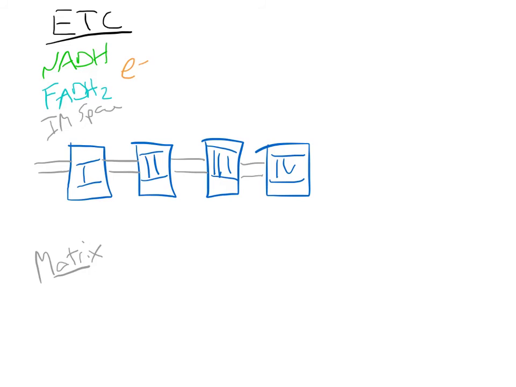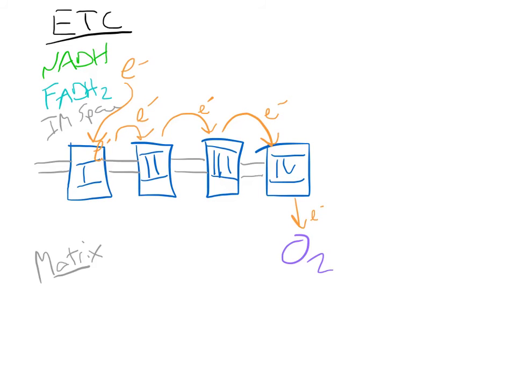The electrons from NADH and from FADH2 are going to be dropped off in a complex, and then they are going to be passed from one complex to the next. The electrons are going to move from complex 1 to complex 2 to complex 3 and to complex 4. Now complex 4 is then going to hand them off to a very important thing, and that is oxygen.